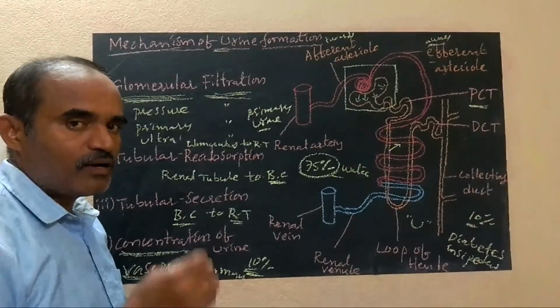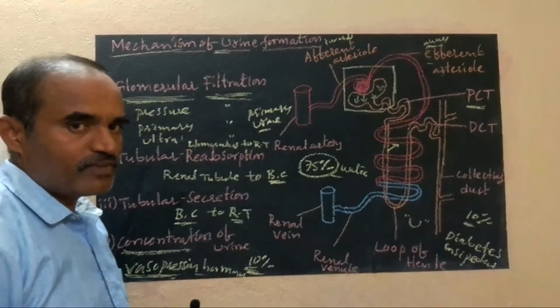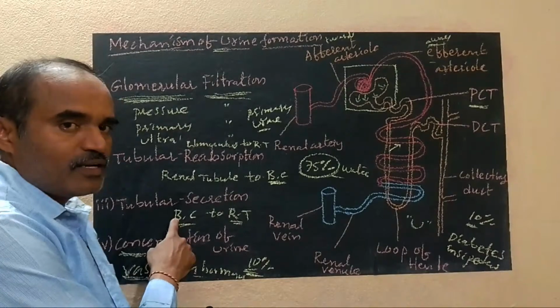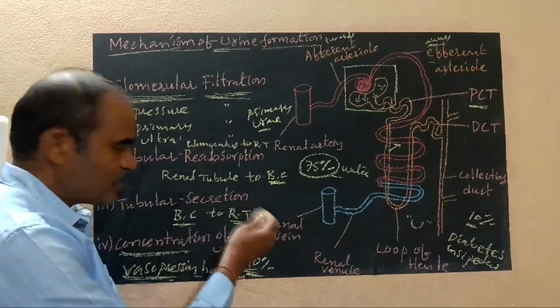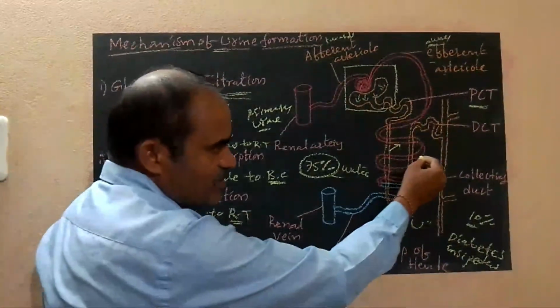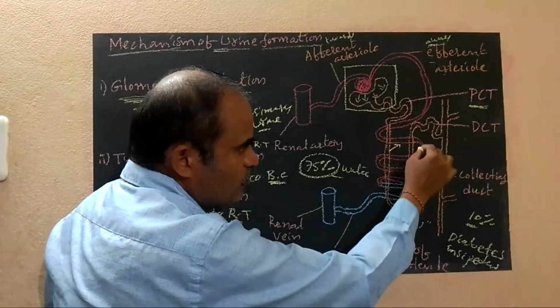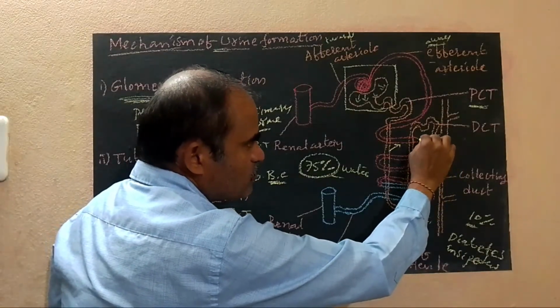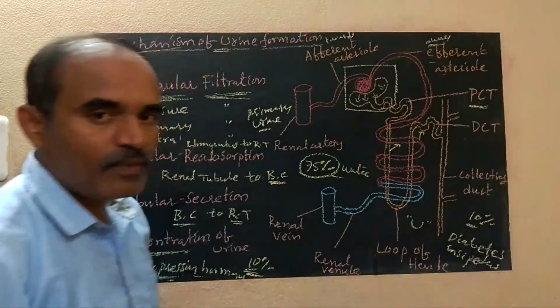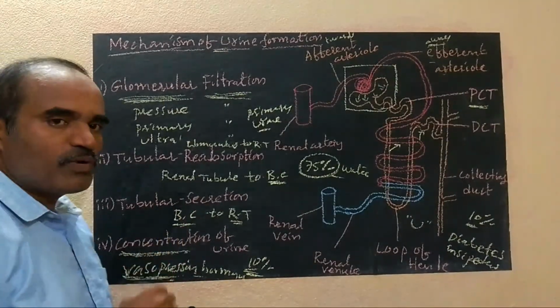Next, tubular secretion. All the unuseful waste materials are secreted from the blood capillaries into the DCT. This is called tubular secretion.